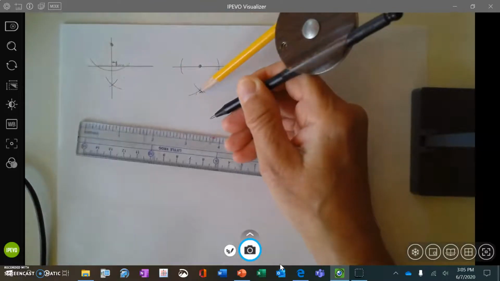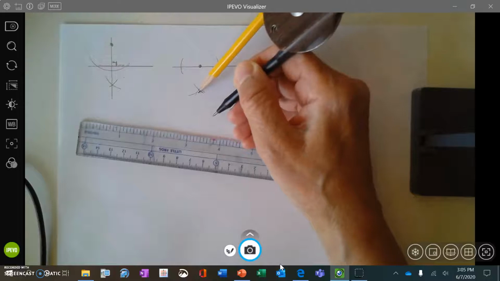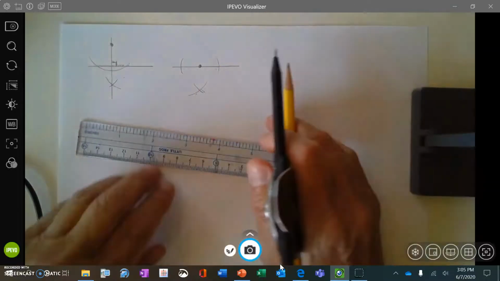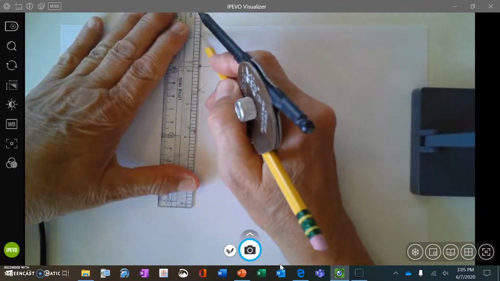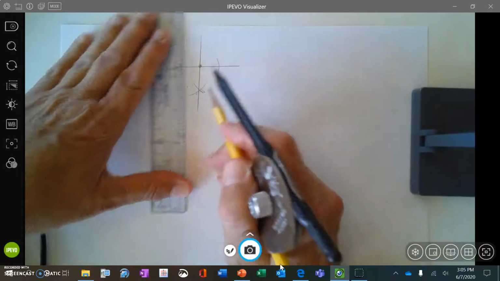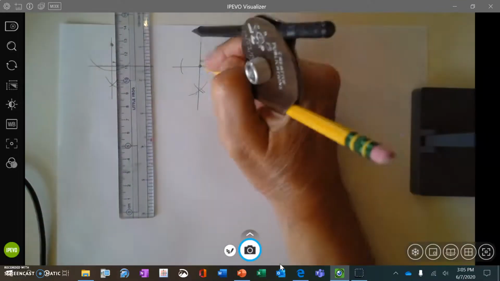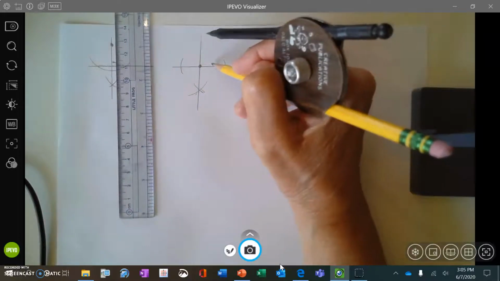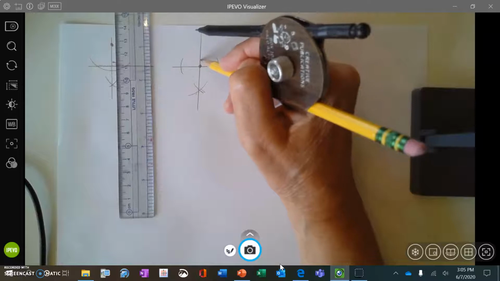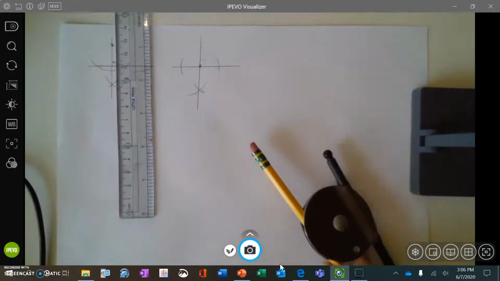Okay, that point now is the same distance from each endpoint of my helping segment, so it's on the perpendicular bisector of the helping segment. So since those are both on the perpendicular bisector of the helping segment, if I connect them, I will have the perpendicular bisector of my helping segment. So not only is it perpendicular and bisecting the helping segment, but more importantly in this case, it is perpendicular to the entire segment. So those are the two basic constructions of the day.